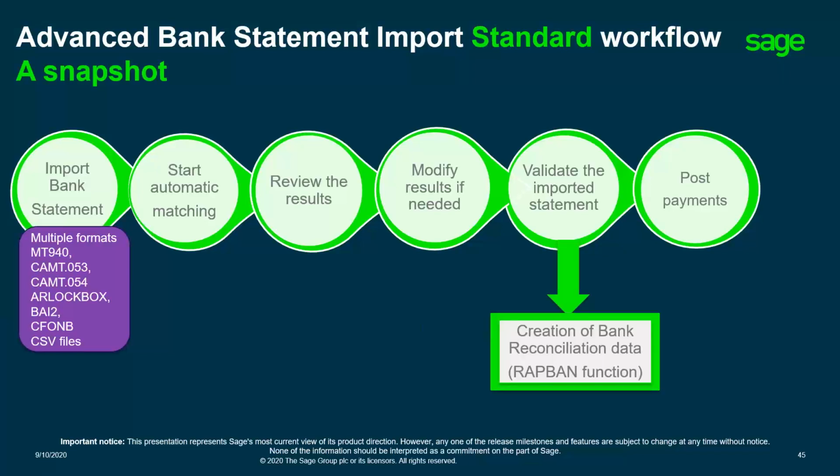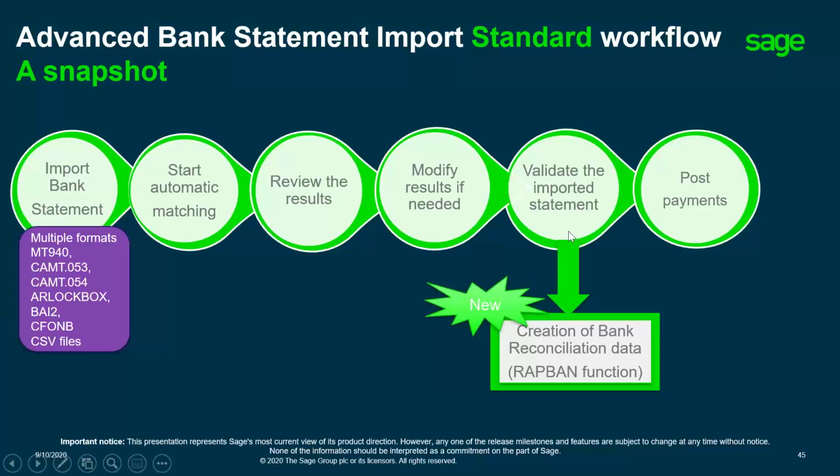So imagine if you have 100 transactions, it's wonderful that the system could assist you to do that automatically. And once you have validated the imported bank statement, this is new in these releases.